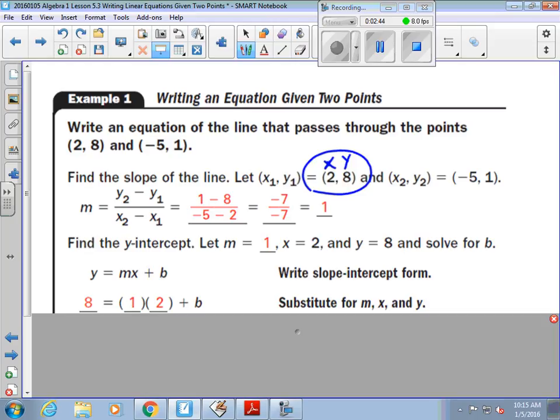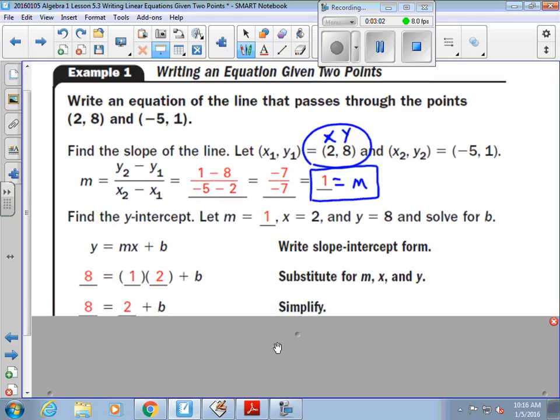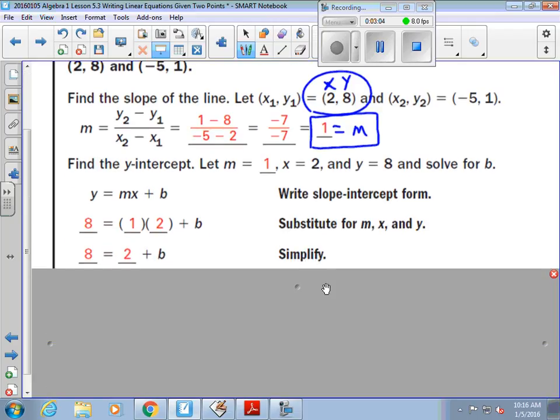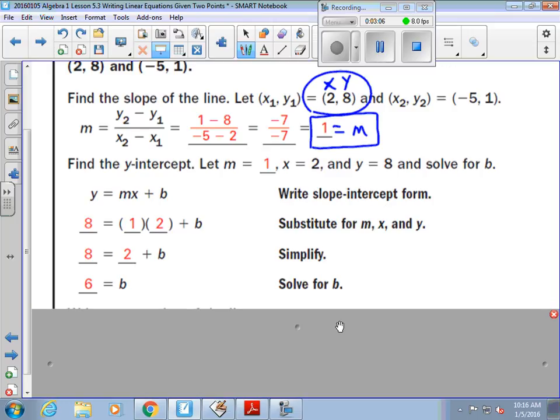In place of m, you're subbing in the value 1 that we just got using the slope formula. And in place of x, you're substituting the number 2. So just like the previous lesson, multiply 1 times 2, and you get 2. Subtract 2 on both sides to get b by itself, and you get b's value is 6.